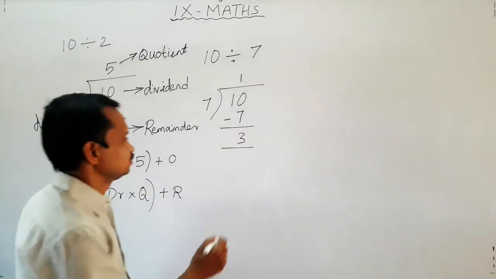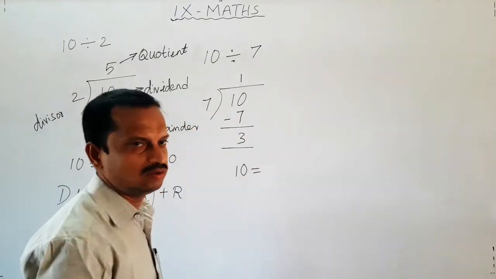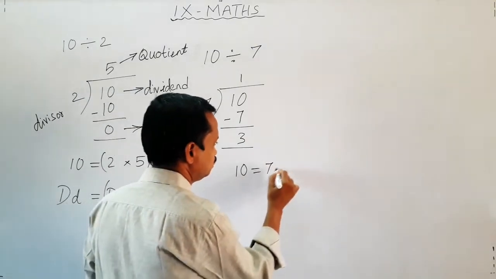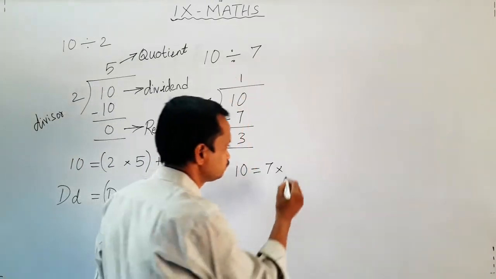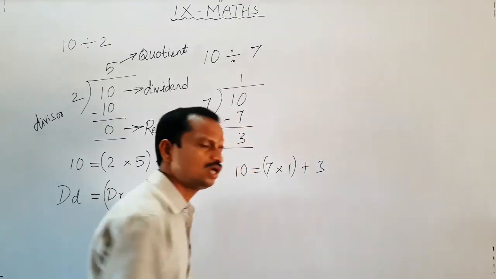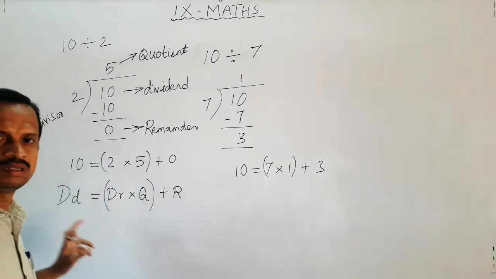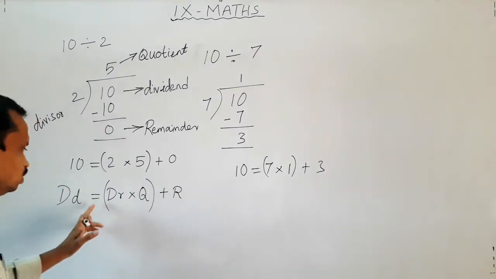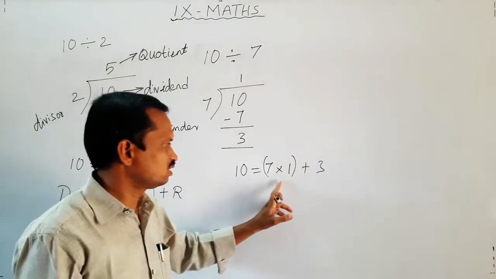And here in this sum, the dividend is 10. What is the divisor? 7. And what is the quotient? This is the quotient, 1. And then plus the remainder is 3. You see how I am writing using this equation. Okay, wherever you see an equal sign, that is an equation. Am I right? So 10 is equal to 7 into 1 plus 3.